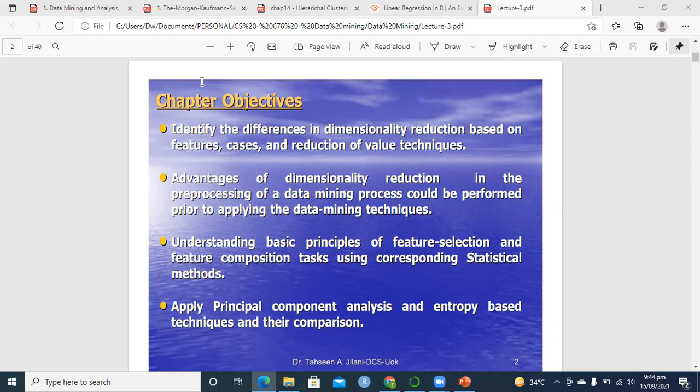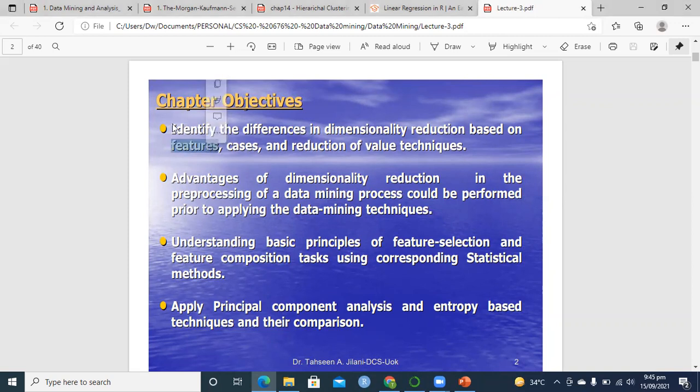For example, you have 100,000 records and you want to reduce the number of records. Record means number of rows. You want to reduce the rows to a manageable number. So you will apply the variable selection or dimension reduction technique on the rows. Rows, cases, instances or records, they are all the same thing.